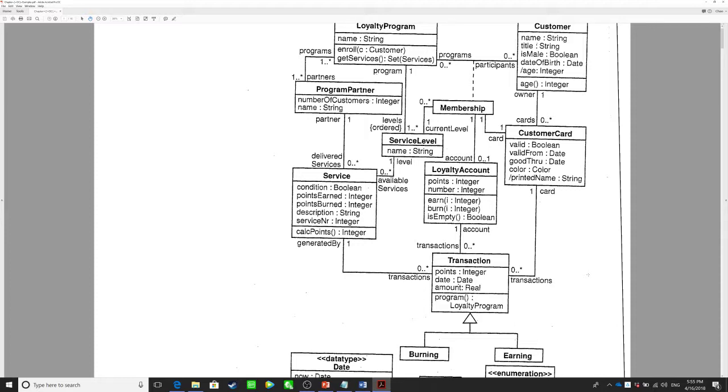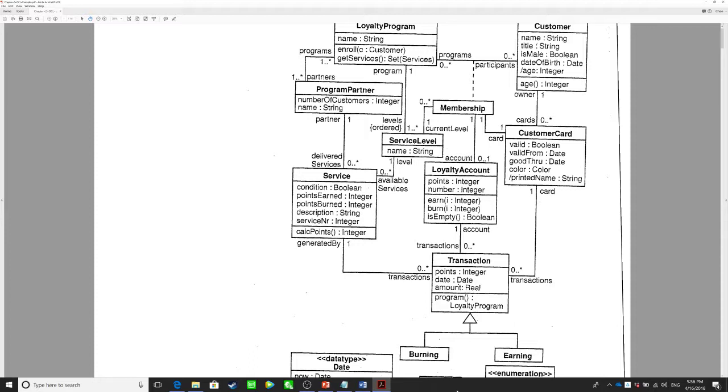Let's see, what variables does this customer card have? Valid from, good through, color, name, right? What can be true? Yeah, there's only one Boolean type value there, valid. So we want the initial value of the valid to be true.